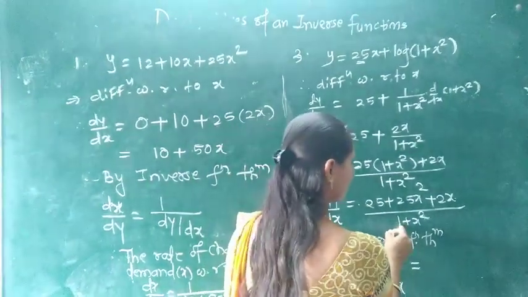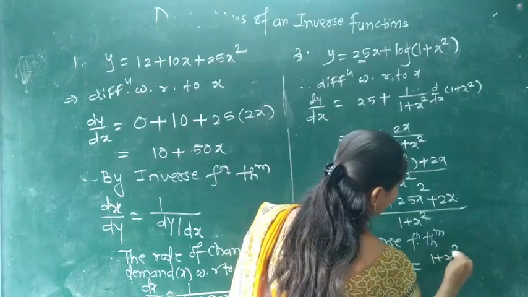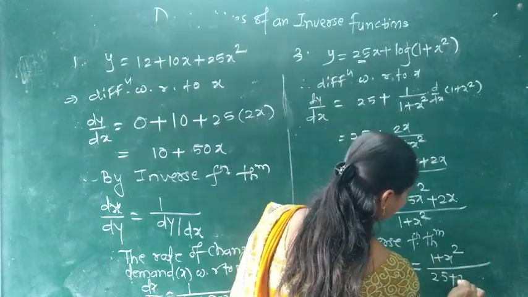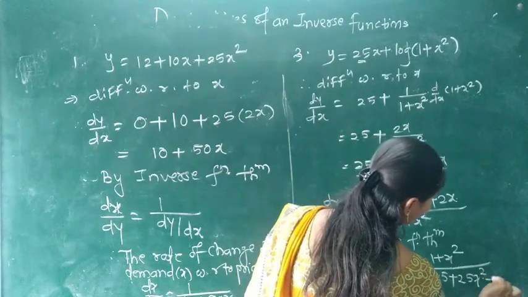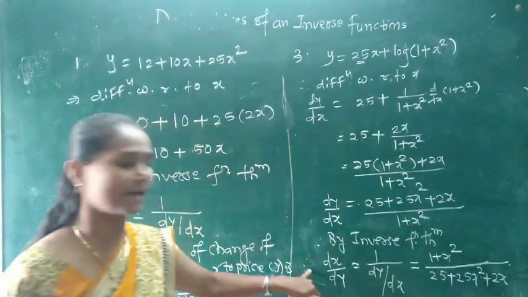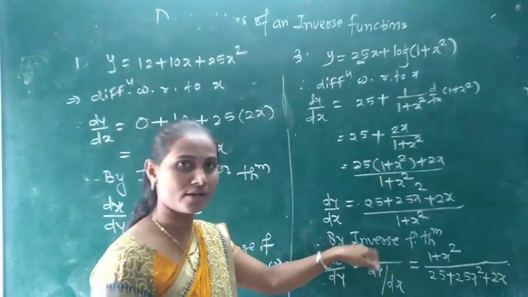So this denominator becomes the numerator of this new term: 1 plus x square divided by 25 plus 25x square plus 2x. That is dx upon dy by using the inverse function theorem.